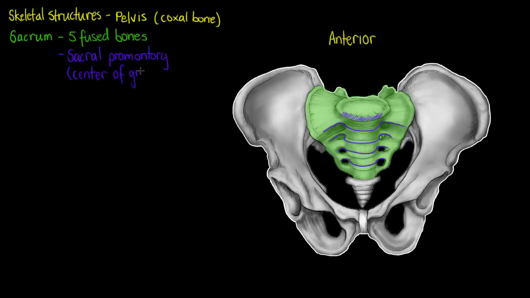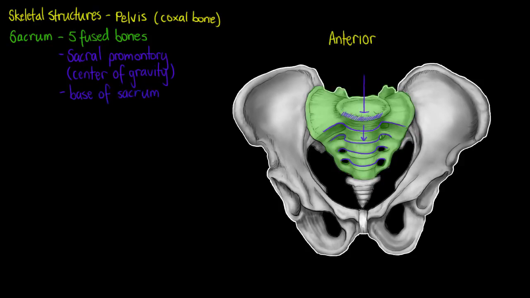So if I just draw it up on here, so we've got our center of gravity, and I'll just draw it now. So the majority of weight through our body is going to be going through this point. And once again, that's just posterior to that sacral promontory, which is going to be articulating with our last lumbar vertebrae.